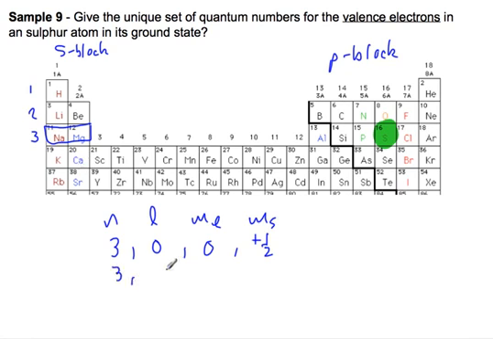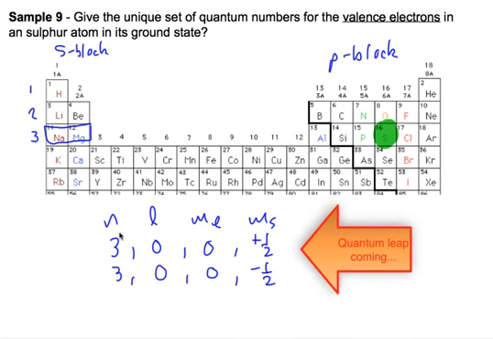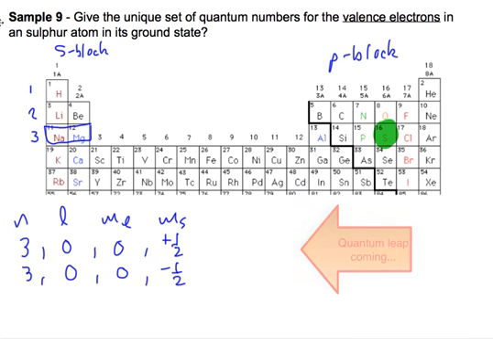Well, second electron, n equals 3, L still equals 0 because they're still in the S block, ml still equals 0. Now we have to give it opposite spin because we're in the same subshell, or same orbital. So those are the S electrons, the electrons in the S block.